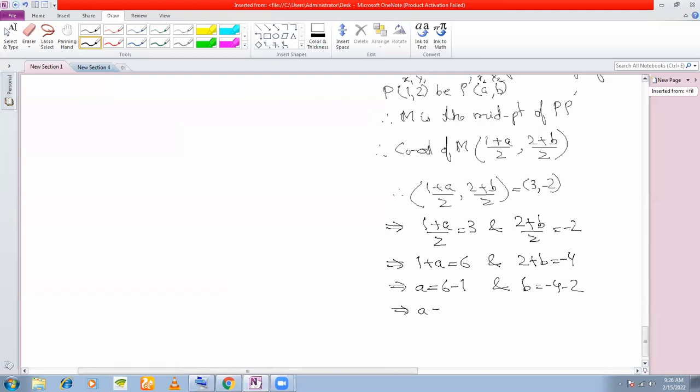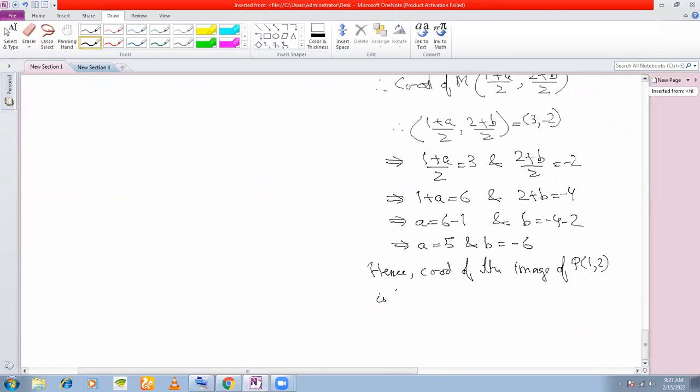Means you get a is equal to 5 and you get b is equal to minus 6. So hence coordinates of the image of P (1, 2) is P dash (5, minus 6). That's it.